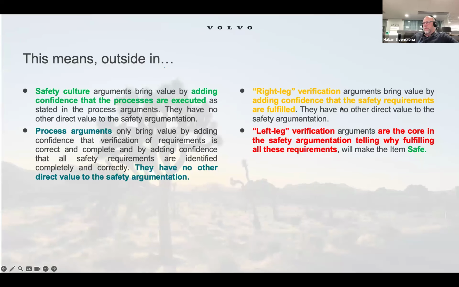Then we continue with right leg verification, but in the end, the left leg verification argument is the core in the safety argument, telling why fulfilling all these requirements will make the item safe. We can now transfer this to one component, telling why fulfilling all these requirements will make the item fulfill something. If we don't have the item, we can't say that the vehicle is safe, of course, but we can promise something similar.